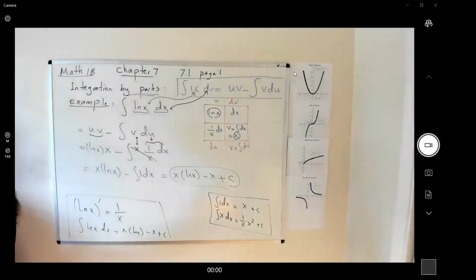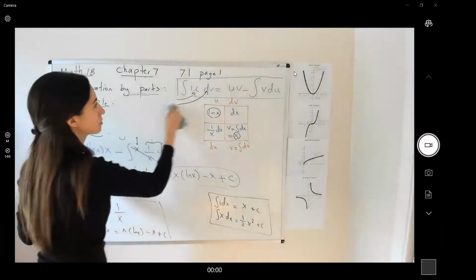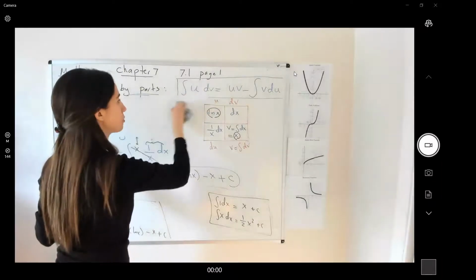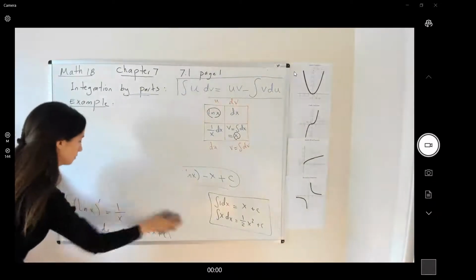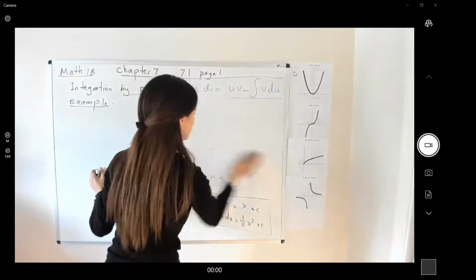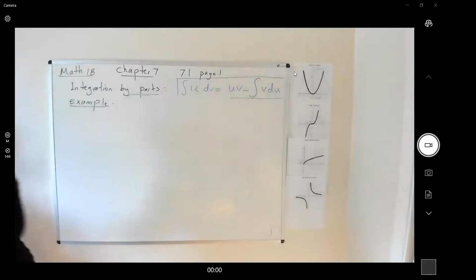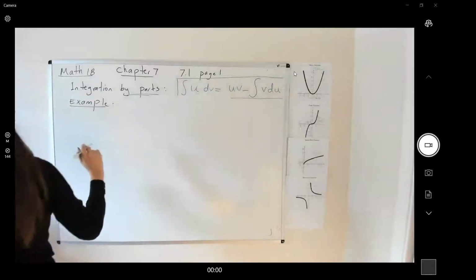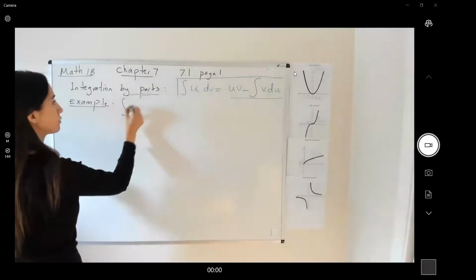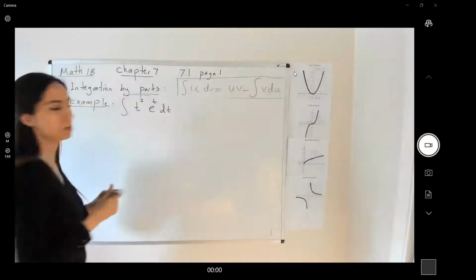Let us move on to the next example. Okay, let's erase these arrows. Example. So this example says find the integral of t squared e to the t dt.